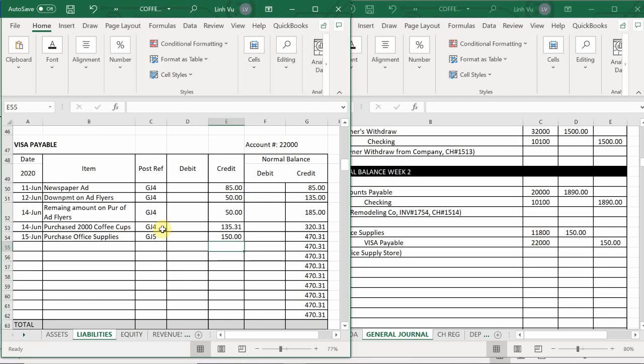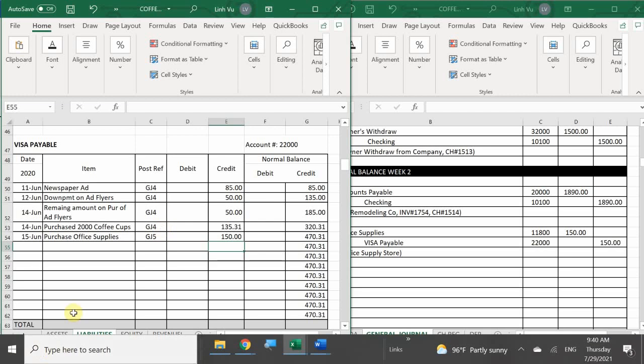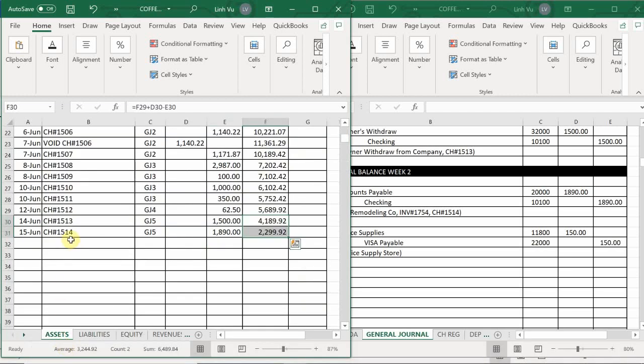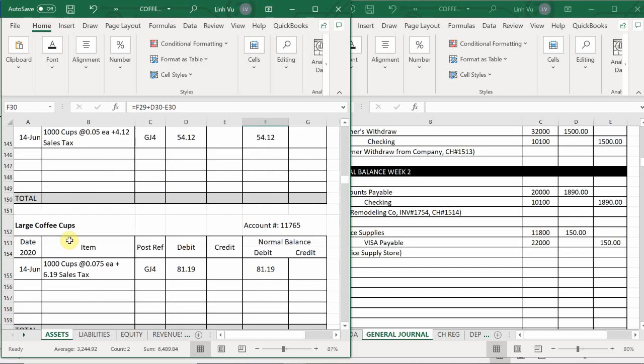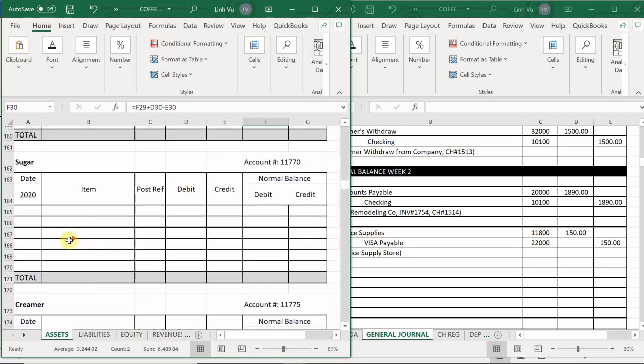That's why we use the debit and credit system here. I bought office supplies, so I need to increase my assets for the office supplies. So yes, you do need to go to your assets and locate your office supplies, because we purchased some.